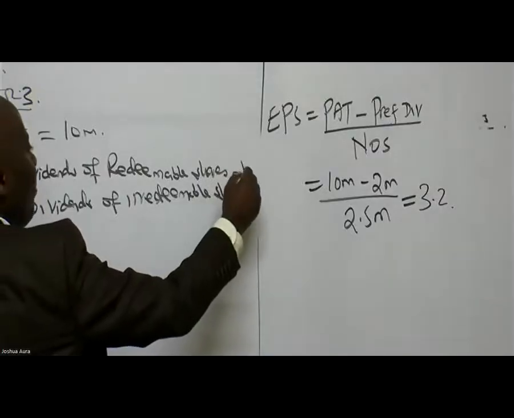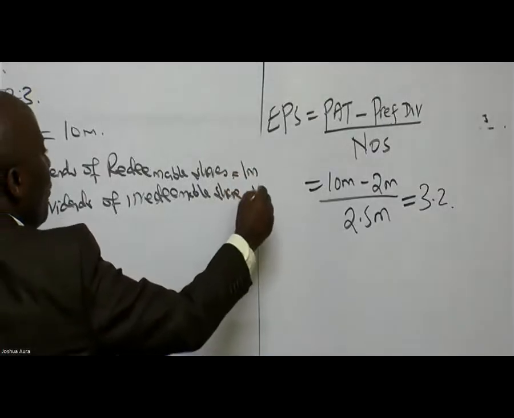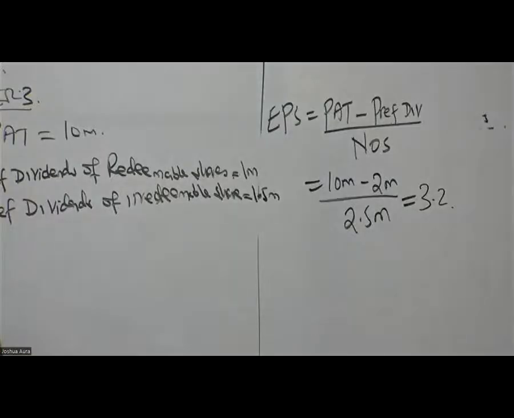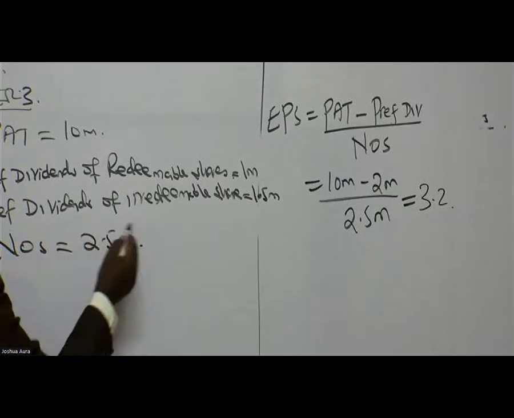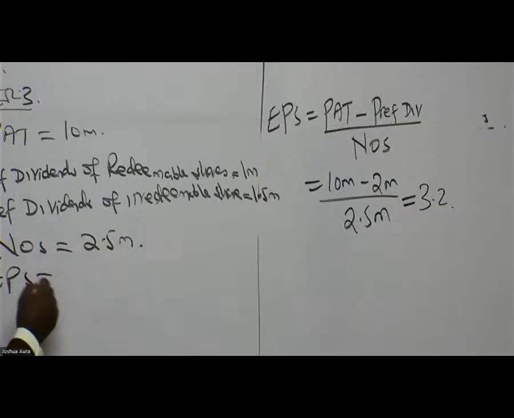So this is 1 million, this is 1.5 million, and then we have the number of ordinary shares, which are 2.5 million, and they want us to give them the EPS.